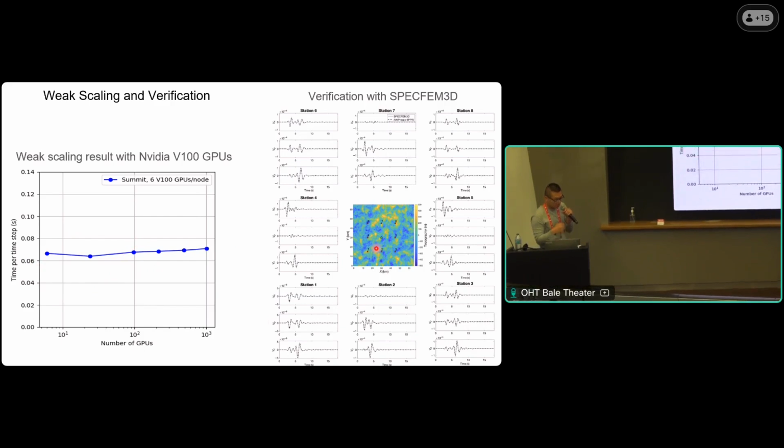And then, of course, we need to verify the results with a different numerical method, just to make sure that our calculation is still accurate. So this is the result where we're comparing with SPECFEM, the spectral element code. And we are in great agreement with SPECFEM's results. So now we're confident that this code is ready to use, and the curvilinear method is stable and accurate.